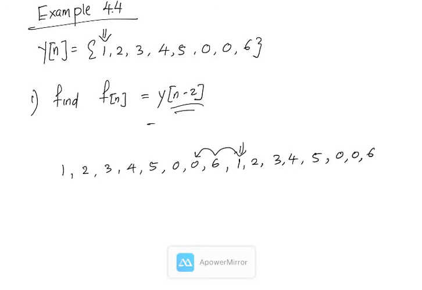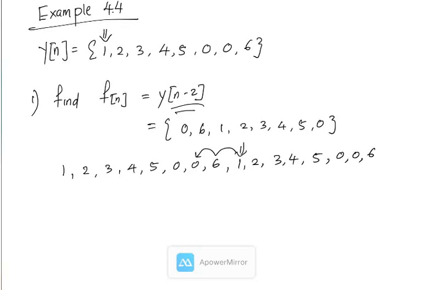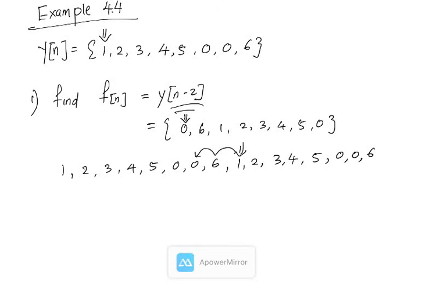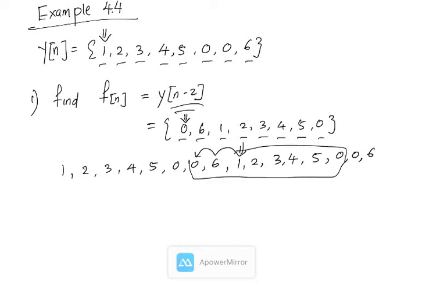So your answer is 0, 6, 1, 2, 3, 4, 5, 0. It still remains 8 samples: 1, 2, 3, 4, 5, 6, 7, 8.